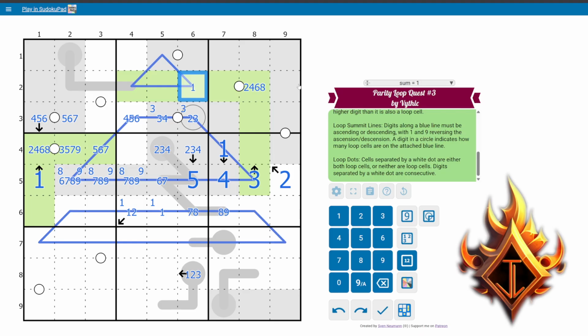This one is just 1, 7, 9. Three odds in that row. These are both odd. This is 5, 7, 9. That is 1, 5, 7, 9.